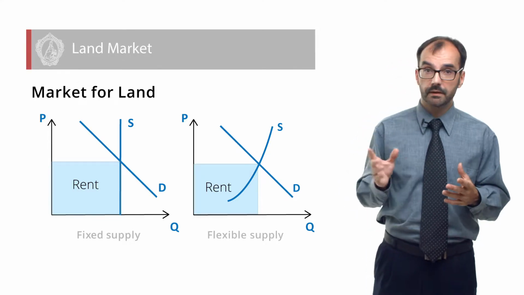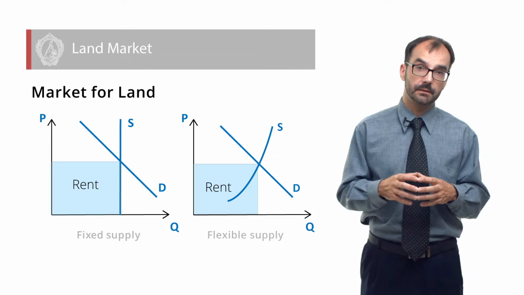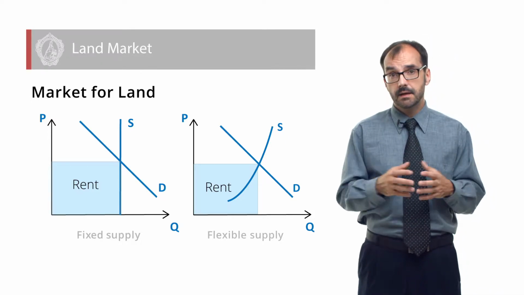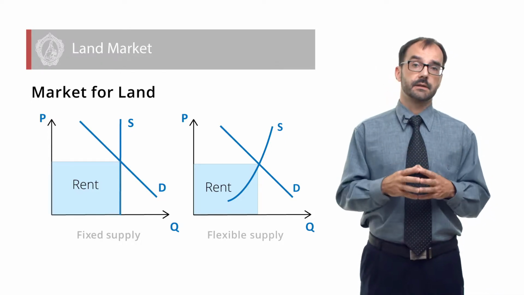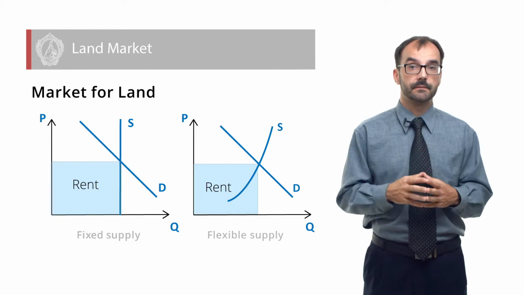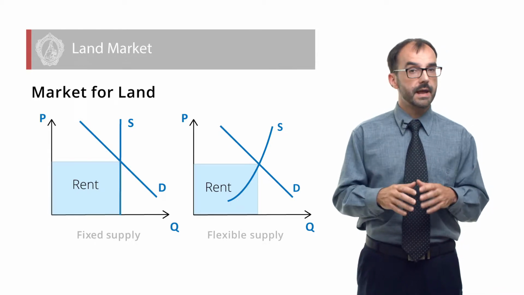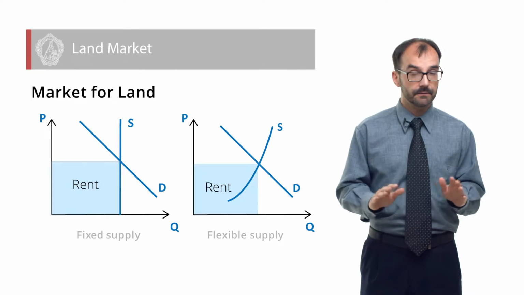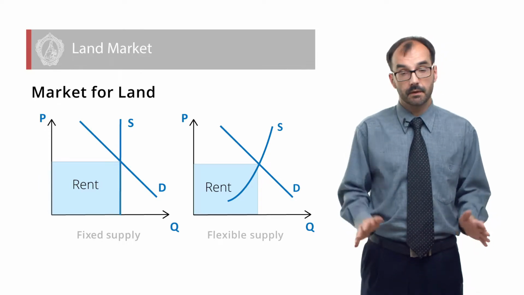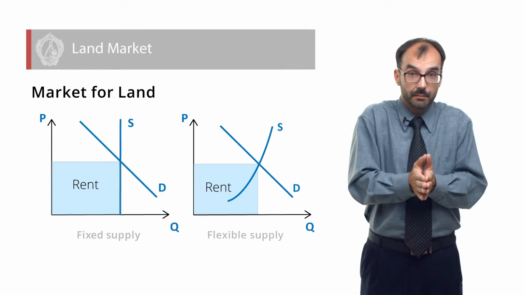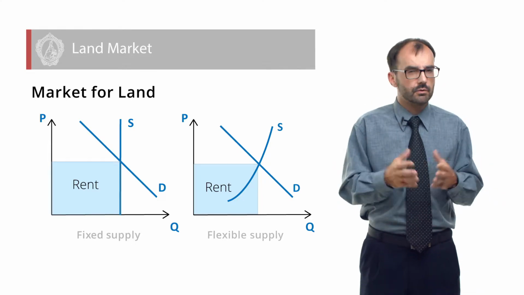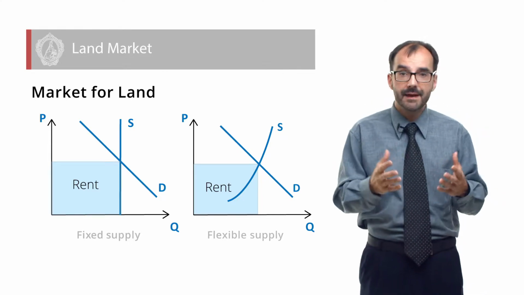This is a typical interpretation of a land market, but in reality, it may not always be like this. First, some landowners may refuse to rent the land if it becomes too cheap. They may prefer to use this land by themselves. Remember our example with a bakery.